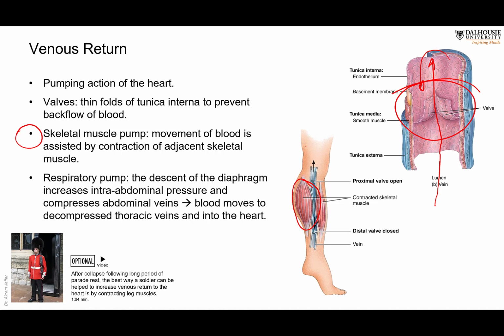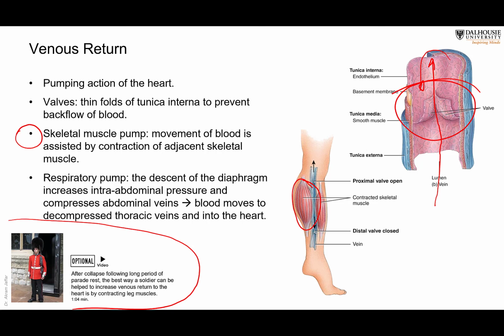And the same thing happens if you watch this short video clip: you will find that there is a soldier in the parade who stood for a long period of time, and then suddenly he fell down because of the pooling of blood. He was not moving, and the blood pooled down, and there is less blood reaching his brain.